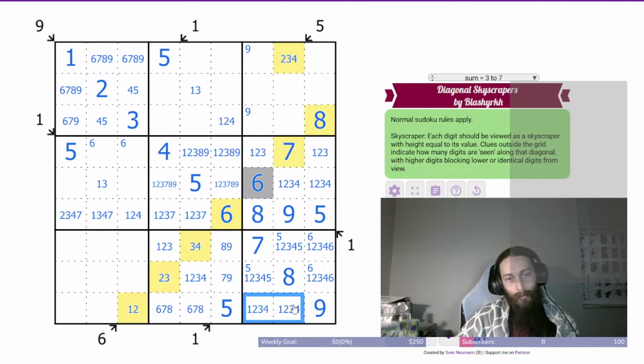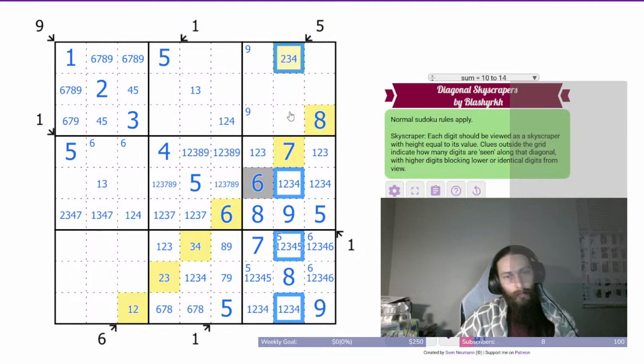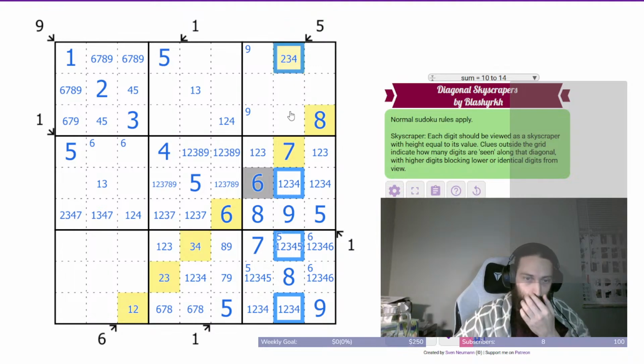One, two, three. 1, 2, 3, 4. We're just so close to.